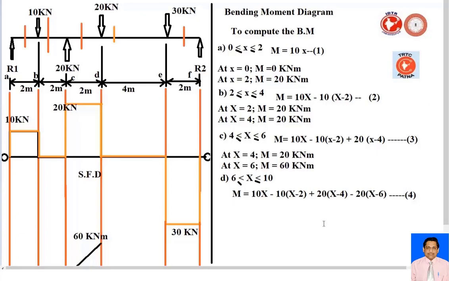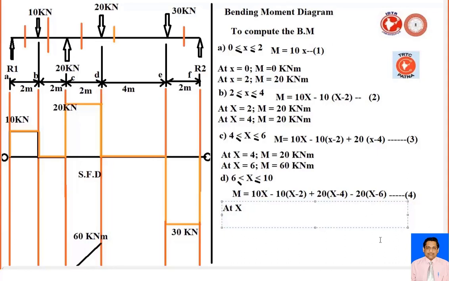Substitute the value of x at x equal to 6. Then your moment is calculated in the same manner: 60 minus 40 plus 40, that means the value is 60 kilonewton meter.